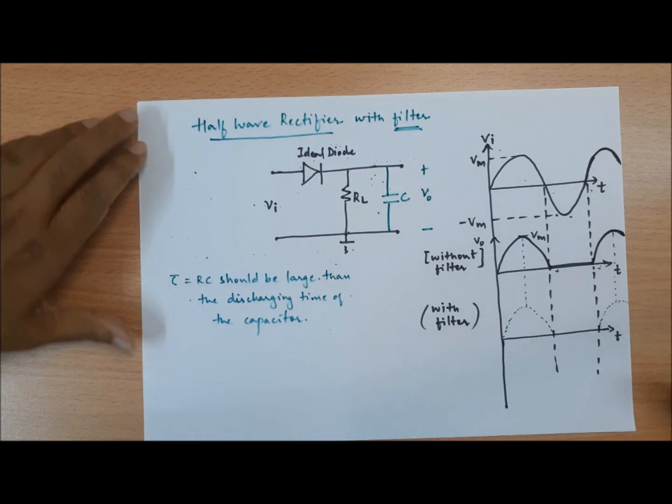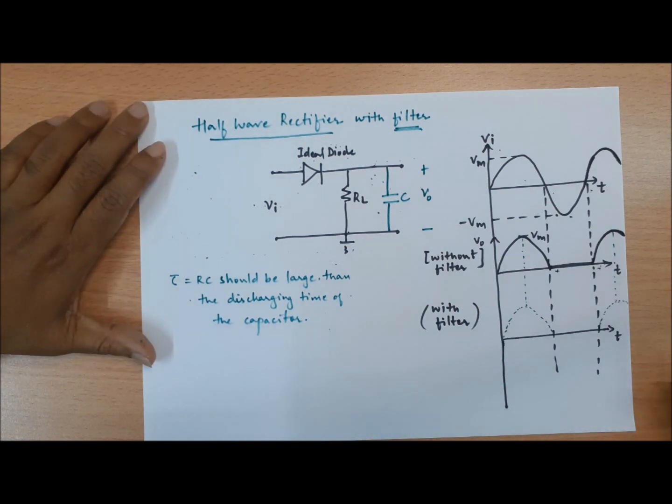Well, a half wave rectifier has too many ripples. We had seen that the ripple factor of a half wave rectifier is 1.21. So is there any way to reduce the ripples? Yes, the solution is to use a filter. When we say filter, which component can be used?